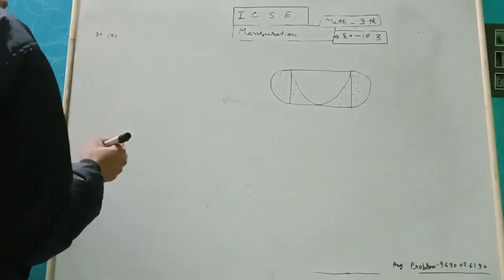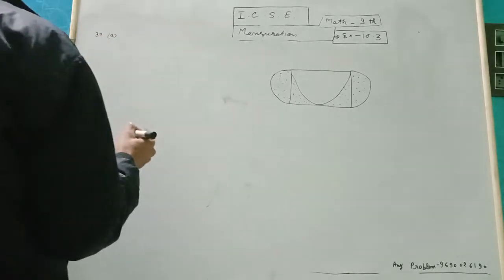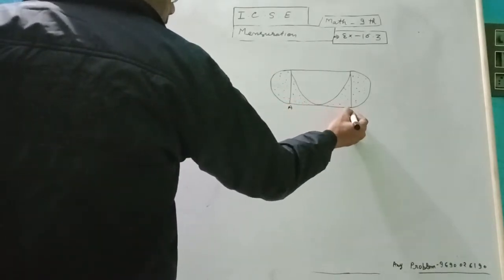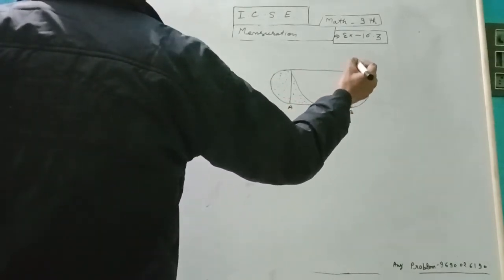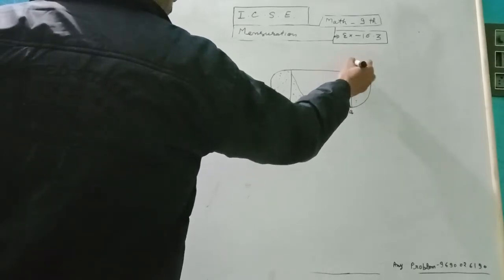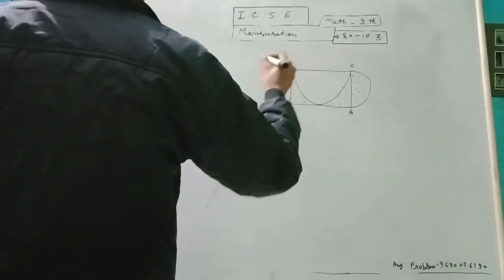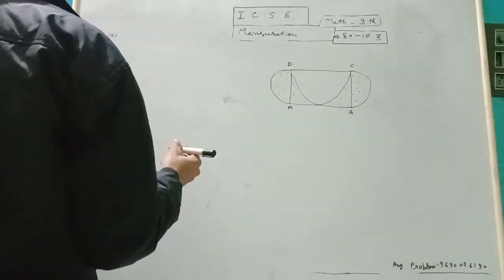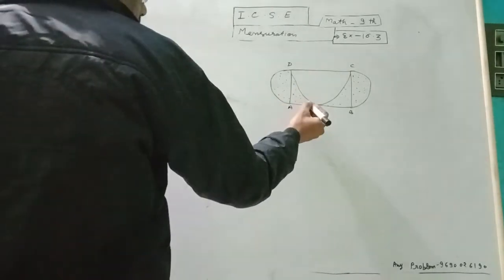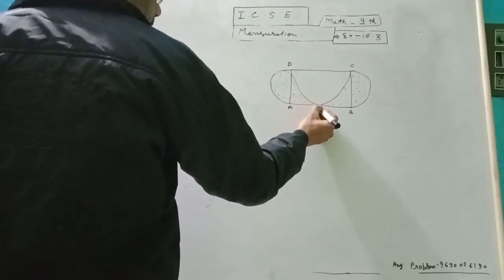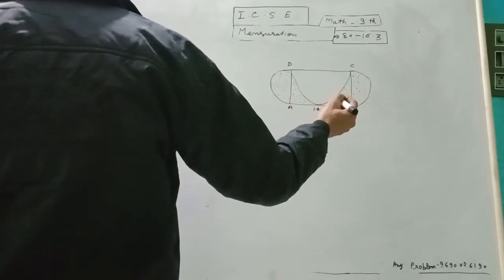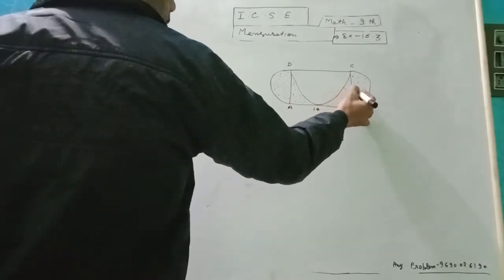A part is ABCD, a rectangle whose length is 14 and breadth BC is equal to 7 cm.